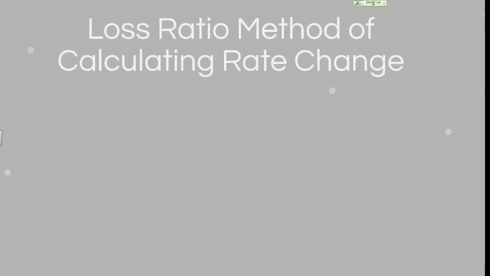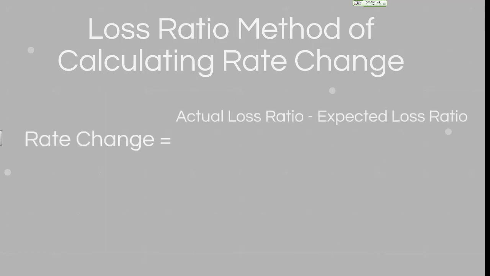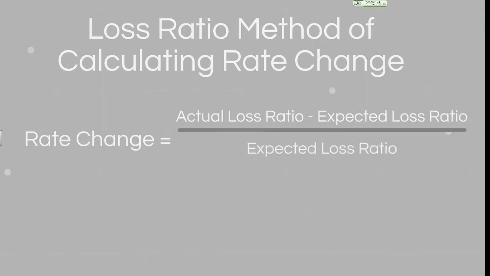method. Now let's look at the loss ratio method of calculating the rate change. So this will calculate not the rate itself, but the appropriate change. This is the actual loss ratio minus the expected loss ratio, divided by the expected loss ratio.